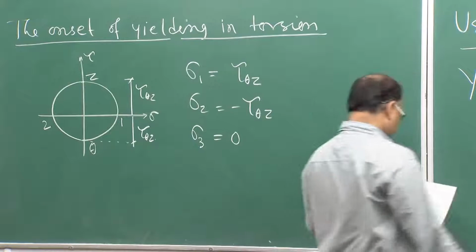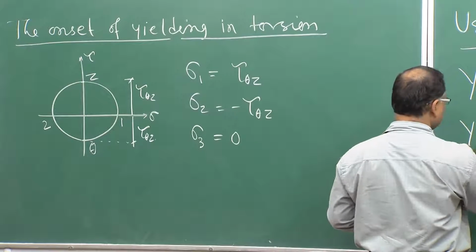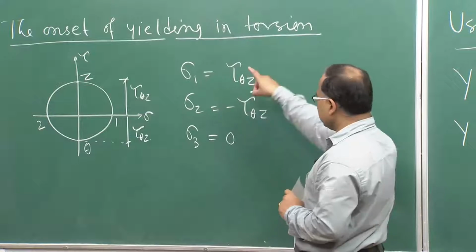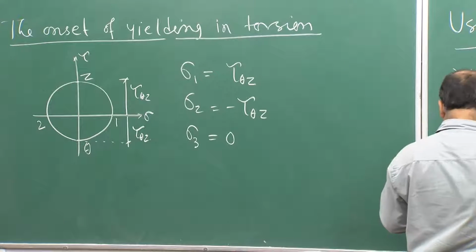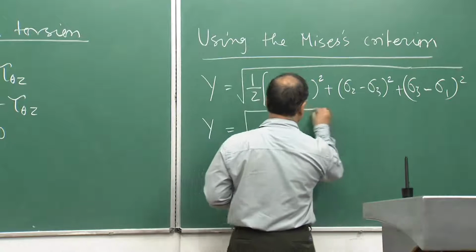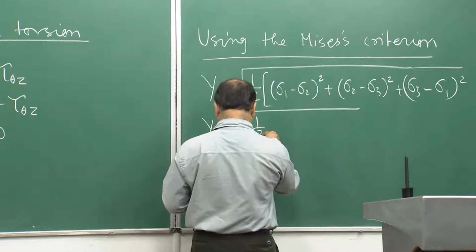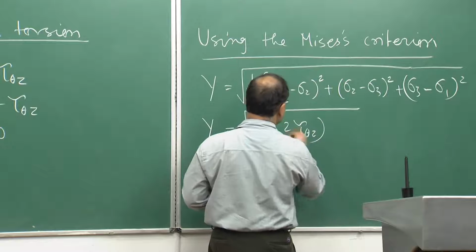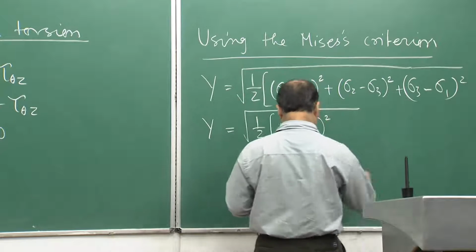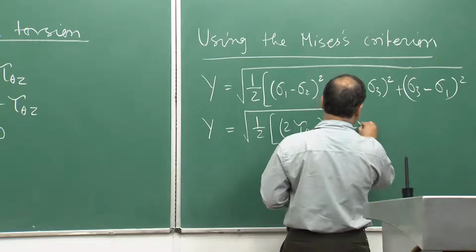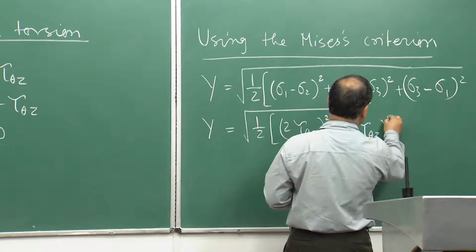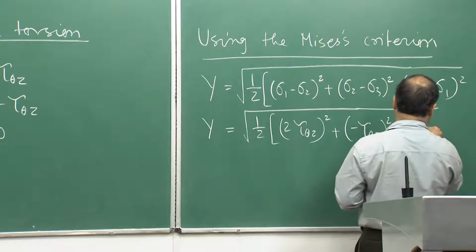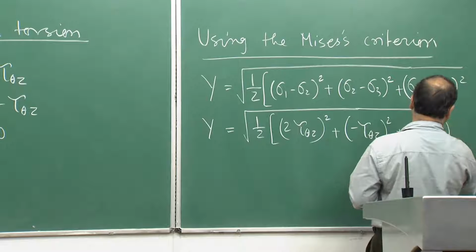So, as per that, if you put the values of sigma 1, sigma 2, sigma 3, whatever you have got here, you will be getting half of 2 tau theta z whole square plus minus tau theta z whole square plus minus tau theta z whole square.